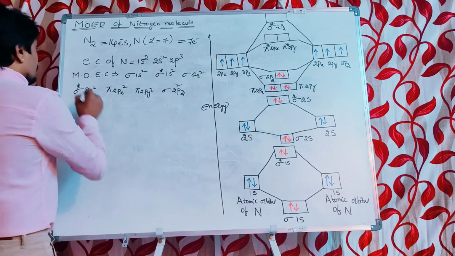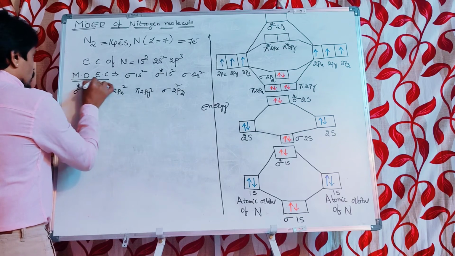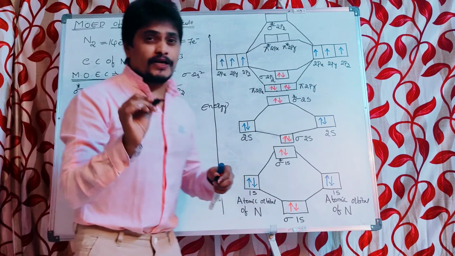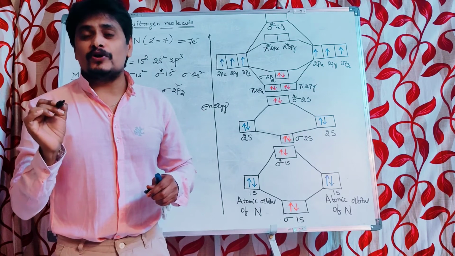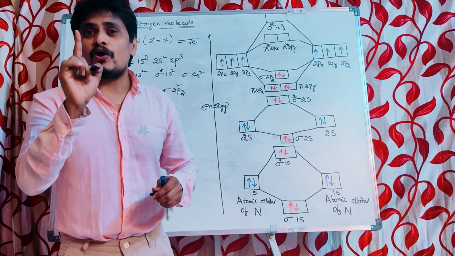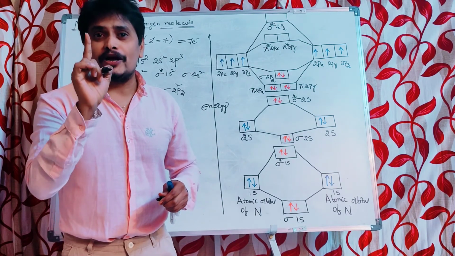So we got the first piece of information. With the help of the molecular orbital energy diagram, the first thing we get is the molecular orbital electronic configuration of that molecule.